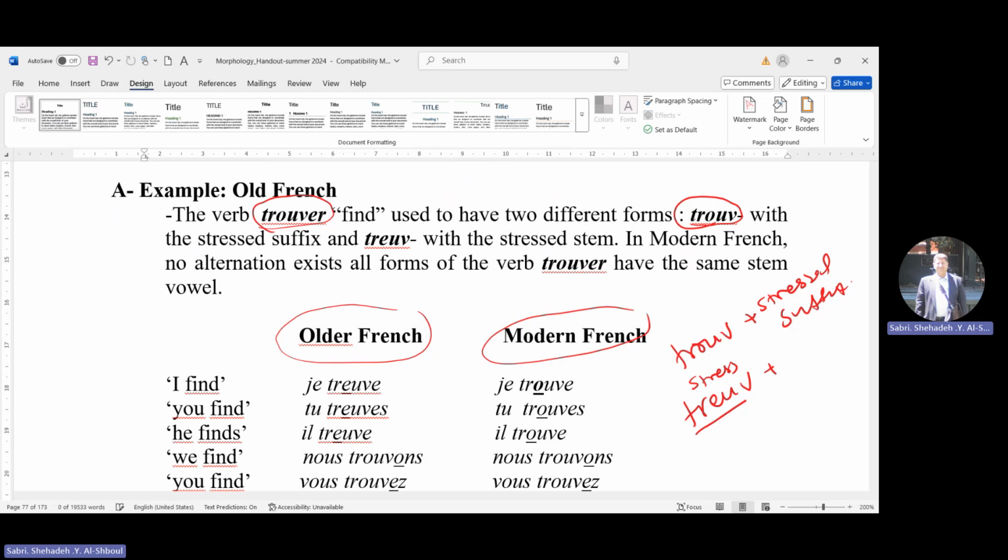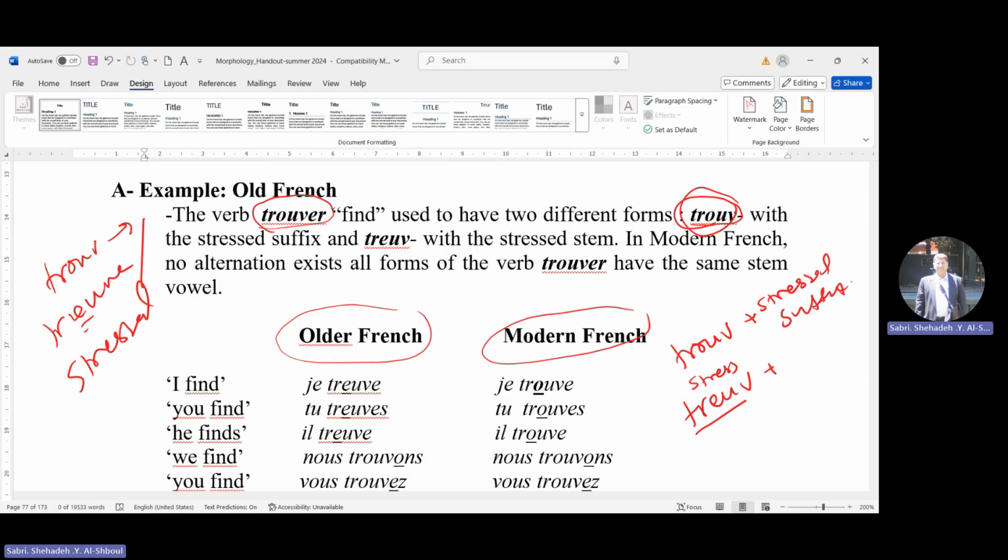So we notice that we have two different allomorphs. If we consider that one form is the basic morpheme, the other way around is also possible.